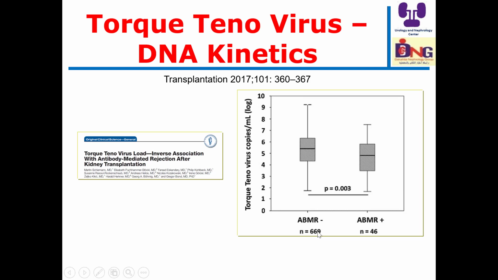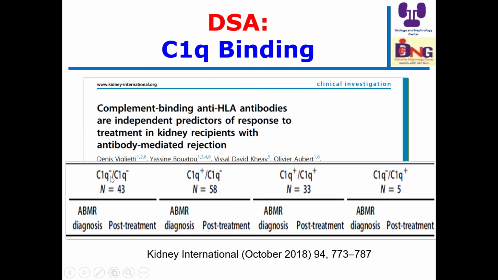They proved that if the C1q persists as positive or changes toward the positive, this tendency carries bad prognosis, especially if it is associated with histological criteria. Please go and read this article in detail because it predicts graft survival in the long term.